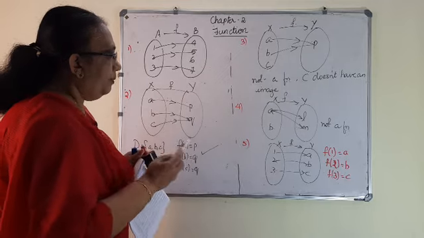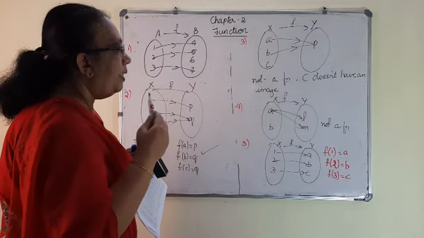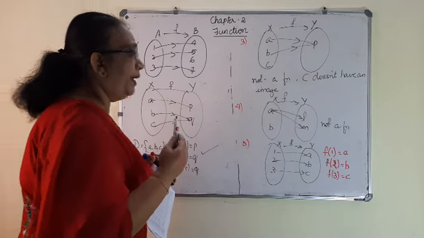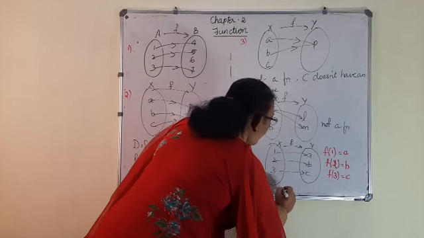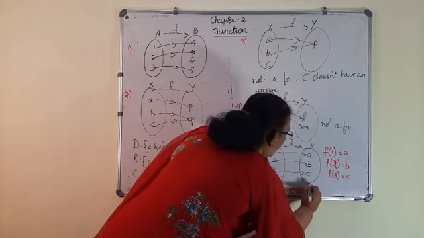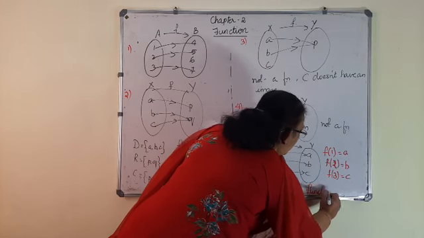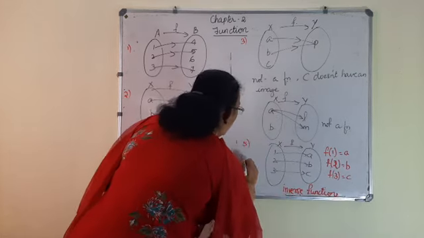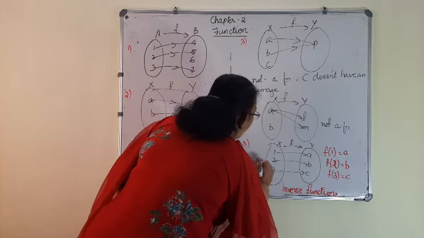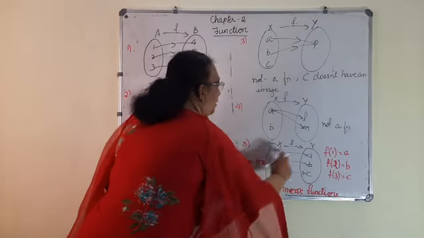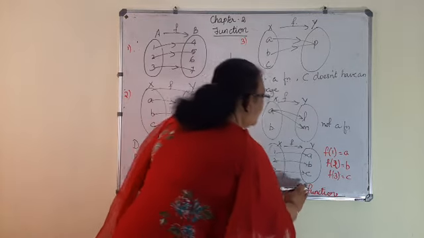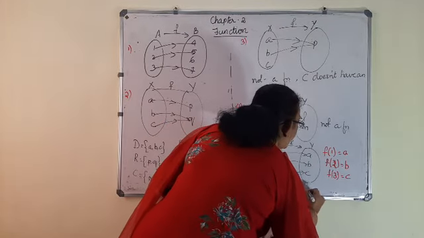So if all the elements in the codomain have pre-images, then it is called a 1-1 function, and in this case we can say that the inverse exists.